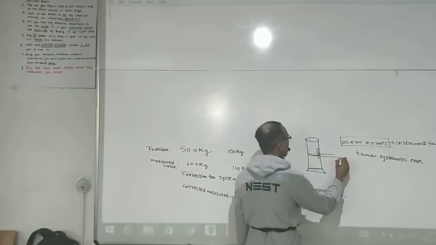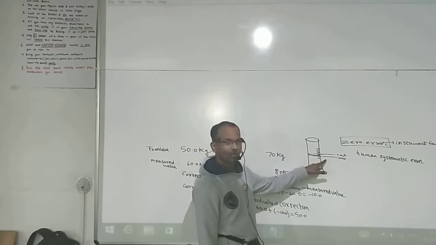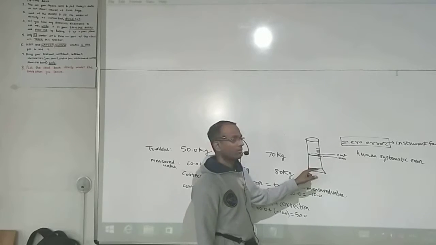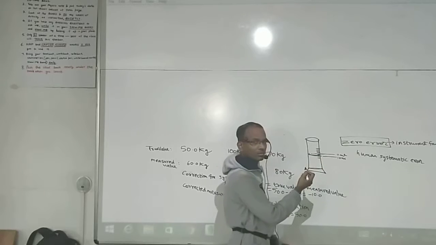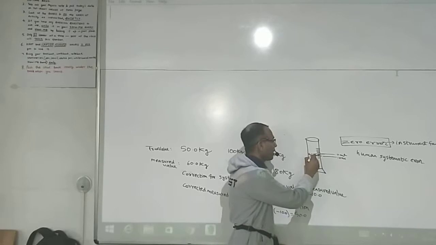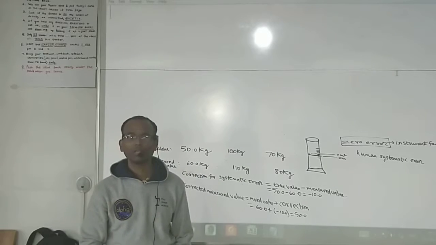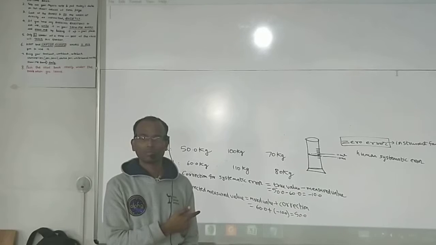So this is say 10 ml and this is 11 ml. Where it is supposed to say 10 ml, you have noted it as 11 ml because you noted the upper meniscus. Whereas inside the cylinder below, you see it's all empty space. The liquid is only up to the lower meniscus. So that's a human error. It is not the instrument's fault. You read it wrong.